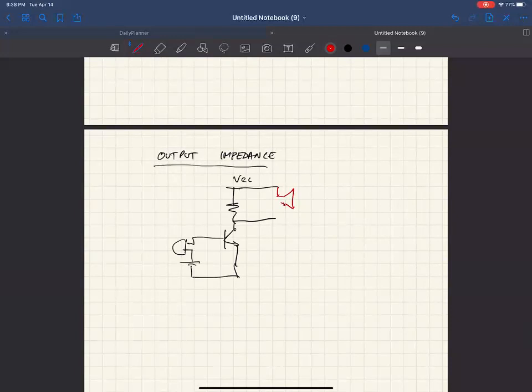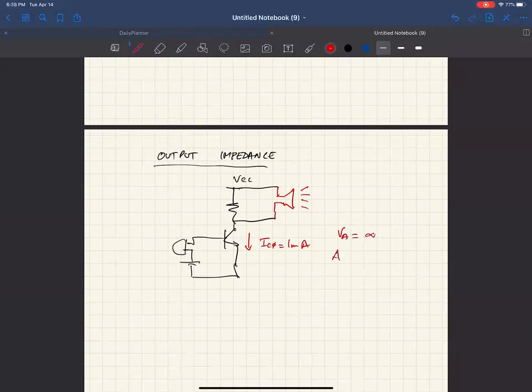I don't really know what a speaker symbol looks like. So let's say we're driving that, and we've got a bias current I sub C0 of 1 milliamp, again ignoring the early voltage effect.